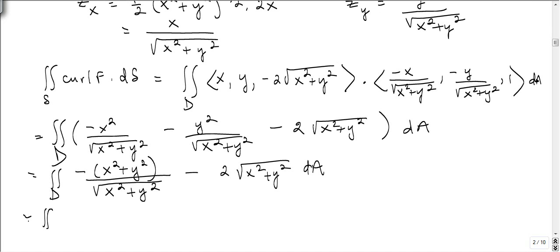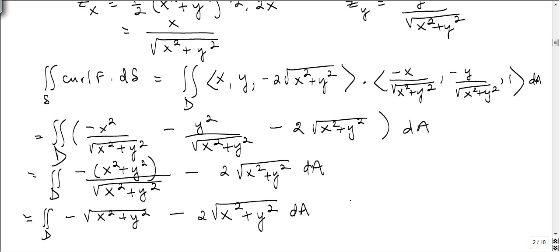This is the double integral over D of minus square root of x squared plus y squared minus 2 square root of x squared plus y squared dA, which works out to be the integral over D of minus 3 square root of x squared plus y squared dA.